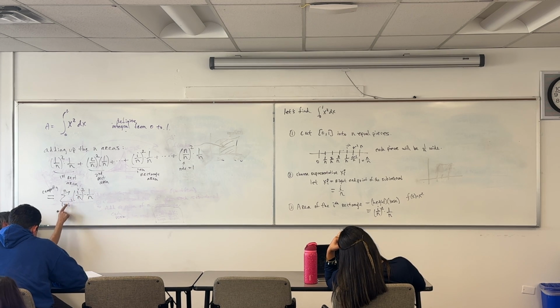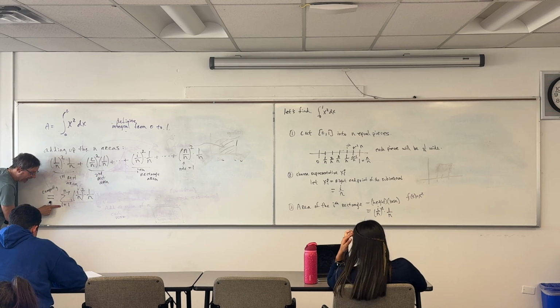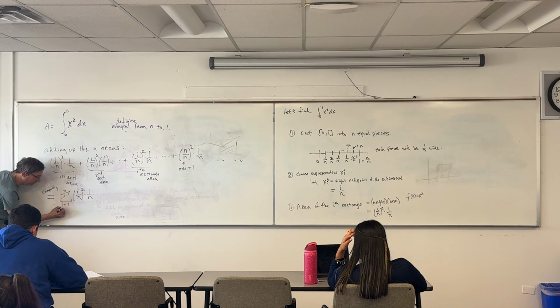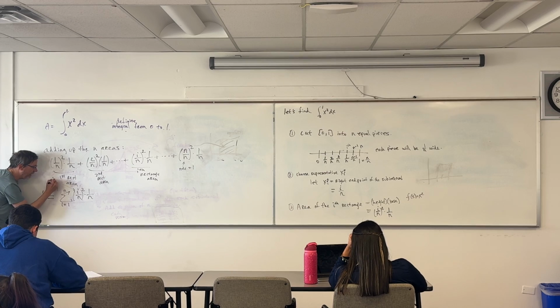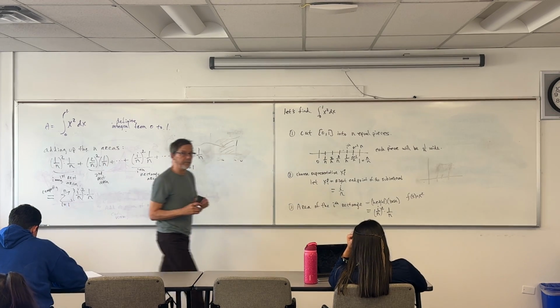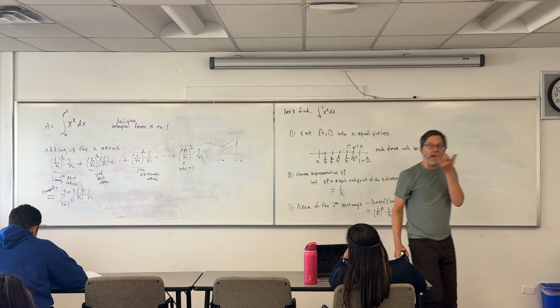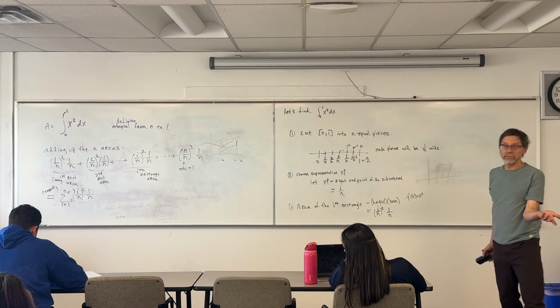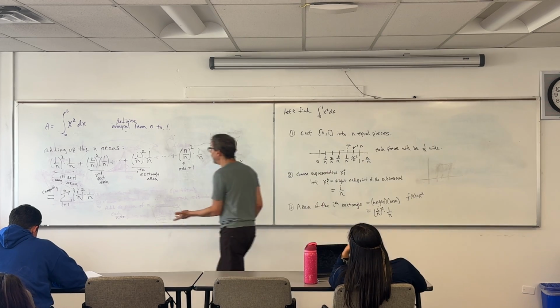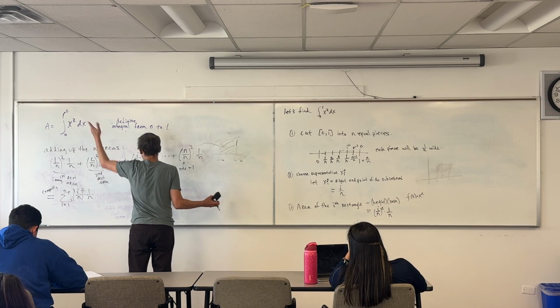Notice the only moving part is that i inside there. These n's never change. That's a fixed number for now. The sum reference is an i, and so that's the moving part. And now I'm going to take the limit of this thing, and I'm done. And that should give me the true area.